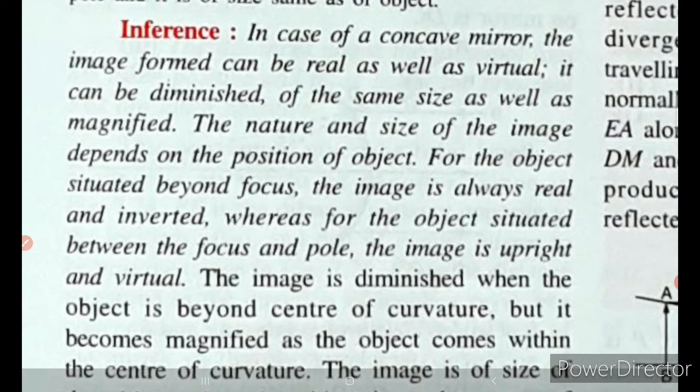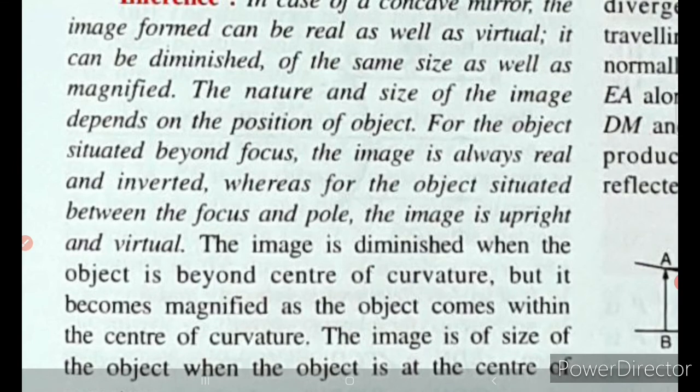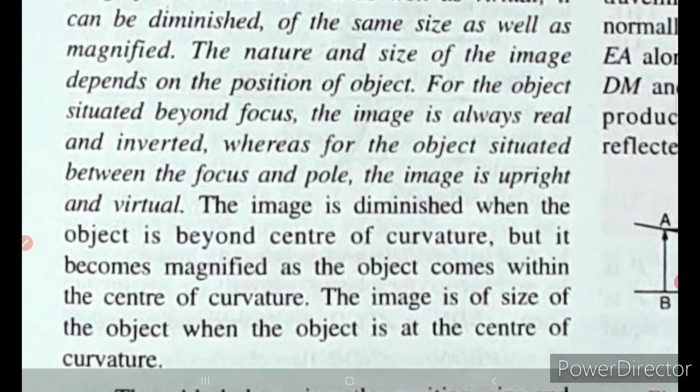For the object situated beyond the focus, at the back of the focus, the image is always real and inverted, whereas for the object situated between the focus and the pole, the image is always upright and virtual. The image is diminished when the object is beyond the center of curvature, but it becomes magnified as the object comes within the center of curvature. The image is of the size of the object when the object is at the center of curvature.